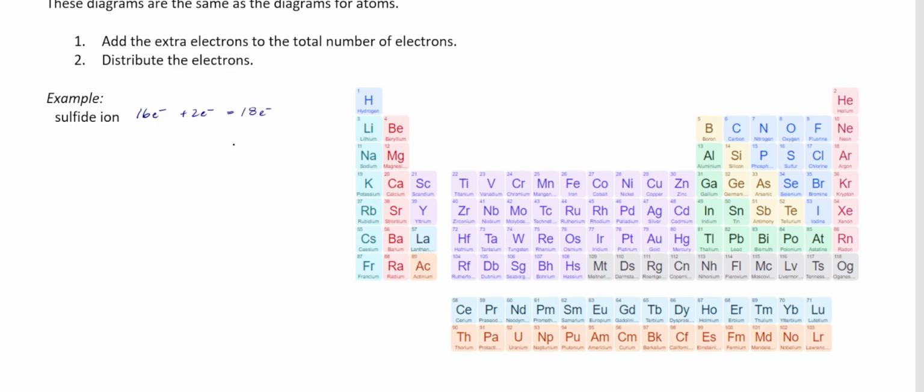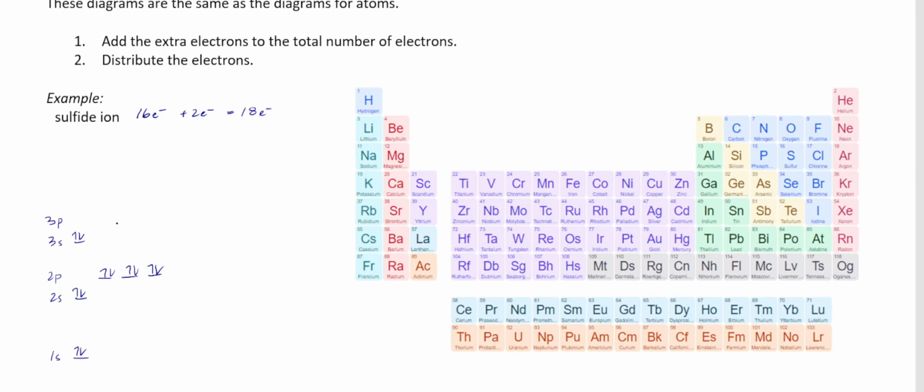So now it's just a matter of doing my energy level diagram for sulfur with the 2 extra electrons. Okay, so we'll go 1s, I have my 2 there, 2s, 2 there, 2p, 3s, and then 3p.